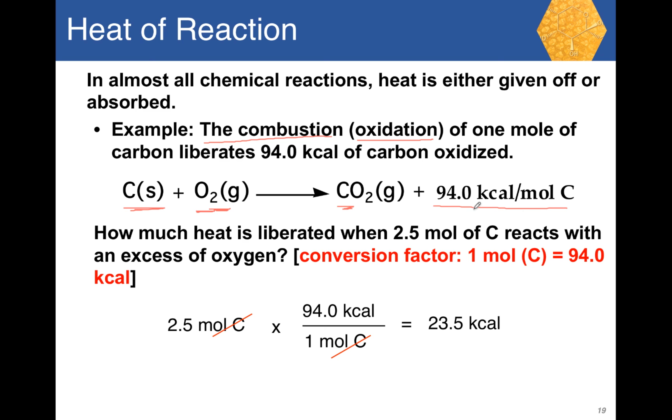But here's the key though, it's 94.0 kilocalories per mole of carbon. 1 mole of carbon gives 94.0 kilocalories. That's why it's reported as 94.0 kilocalories per mole. So that's a conversion factor in itself. 1 mole of carbon upon combustion or oxidation will give 94.0 kilocalories of heat.